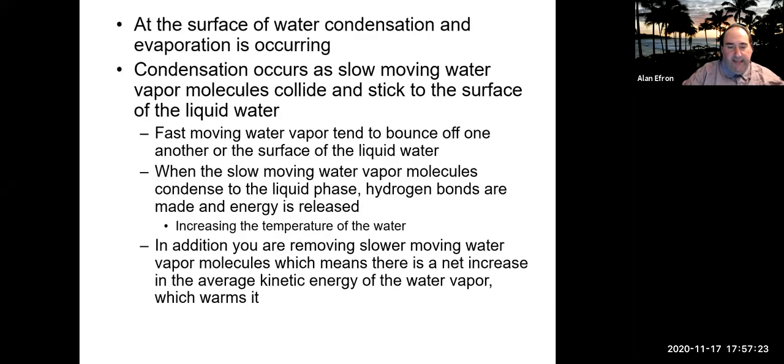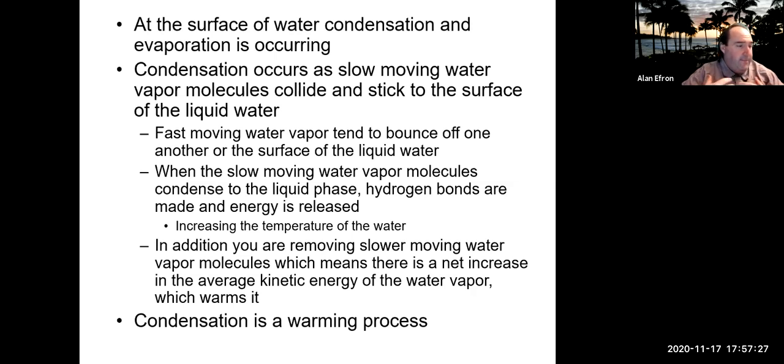Now, condensation, on the other hand, is when we're going from gas back to liquid. And that's going to occur as we get some of these slow moving gas molecules that no longer can escape each other. So as they hit, they clink and drop down into the liquid phase and go back in. And it's actually a warming process in that effect, because as they're moving slower, they drop out of the gas phase in the air.